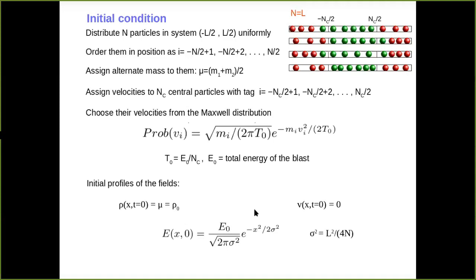And the velocity is 0, as the mean of this Maxwell distribution is 0. The velocity field initially is 0. And due to this condition, the energy field initially will look like this Gaussian profile, where the sigma squared width will depend on the system size.